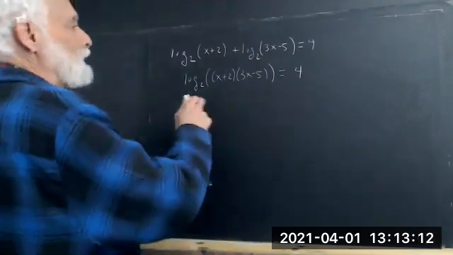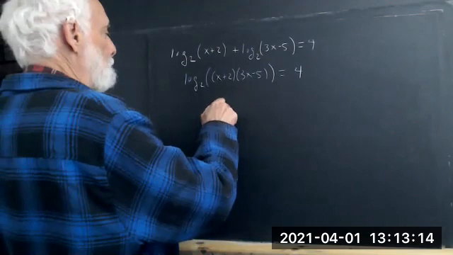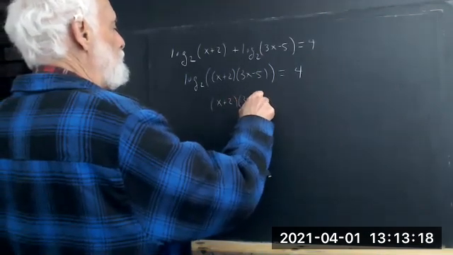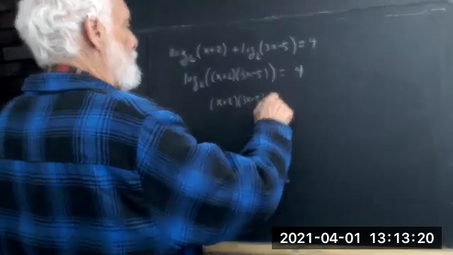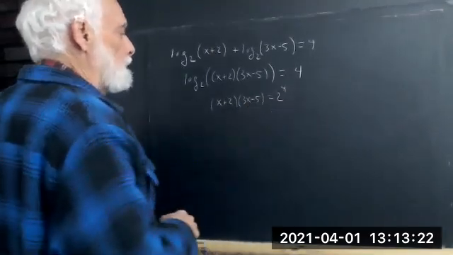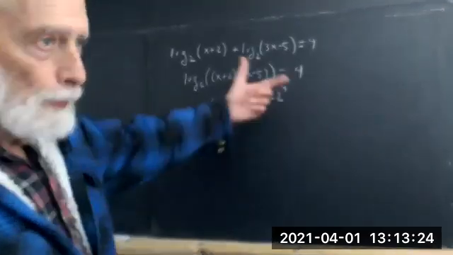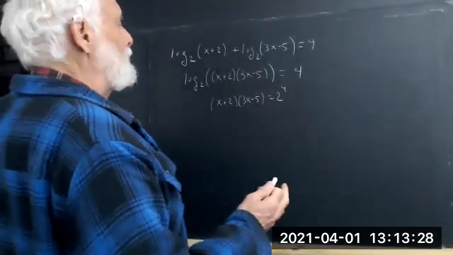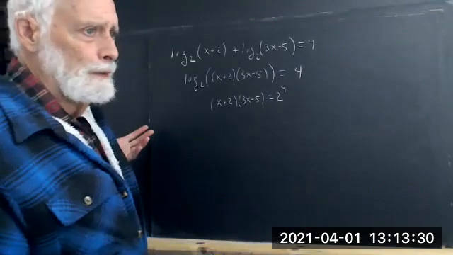And now it's easy to convert this to exponential form. And 2 to the 4th, of course, is 16. And now, what kind of an equation do we have?